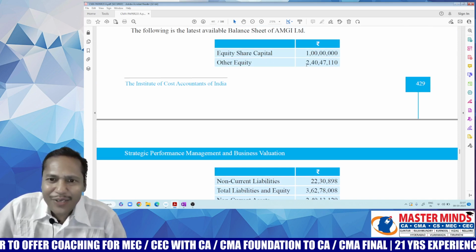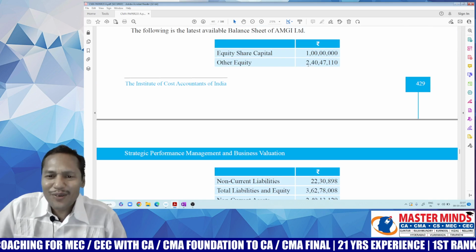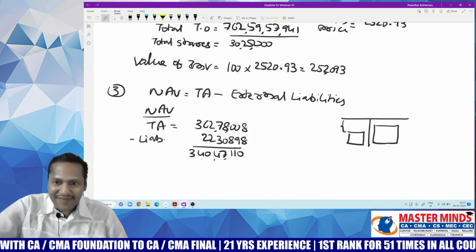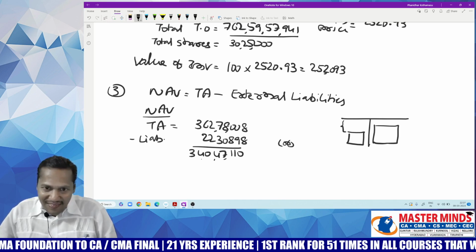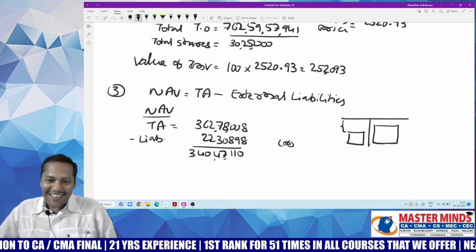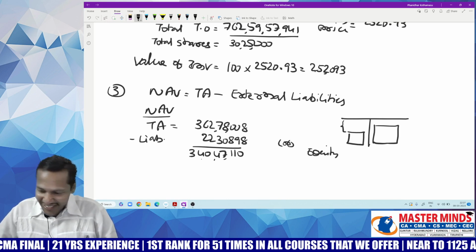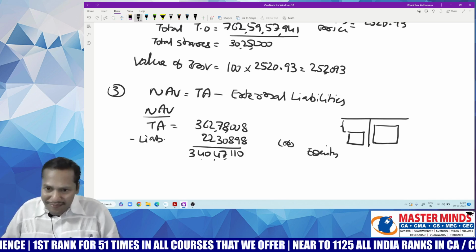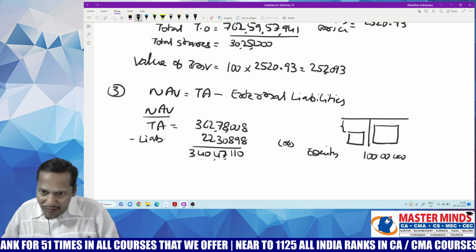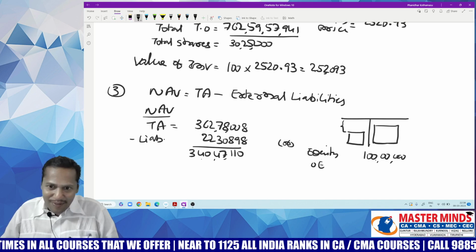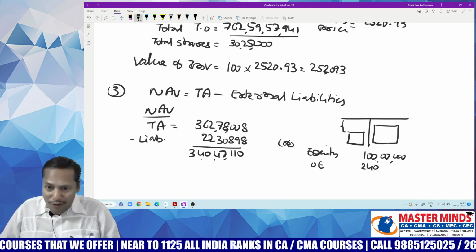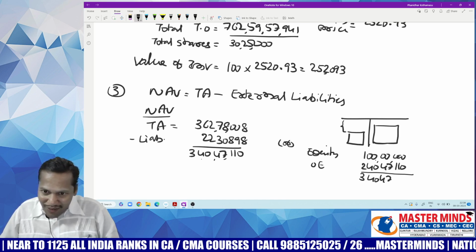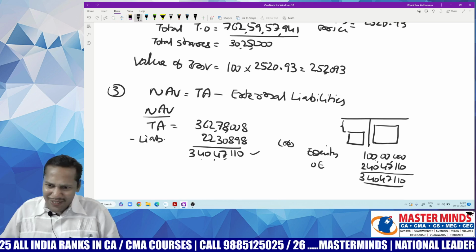Equity share capital is 1 crore, other equity 2 crore 40 lakh 47,110, and the total comes to 3 crore 40 lakh 47,110. So either way, you can have it from the asset side or the liability side.